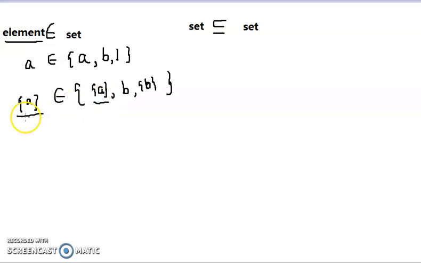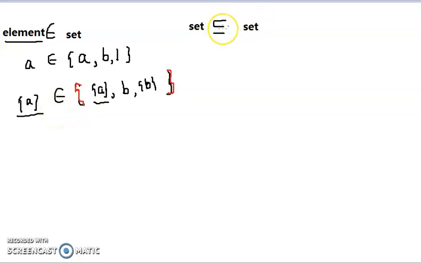Then we always say it's a member. So we can always imagine the most outside pair of curly brackets as a room, and if something walks in there, that is a member.